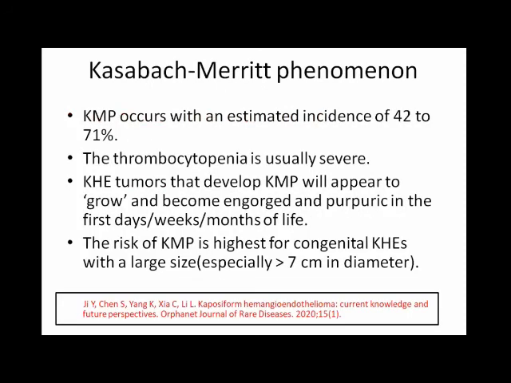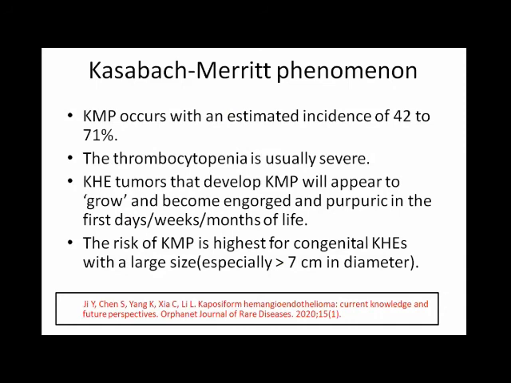So this patient, I think, presented with the Kasabach-Merritt phenomenon, because as the article from the Orphanet Journal of Rare Diseases, Cheng et al., describes, almost 42 to 71% of patients demonstrate the Kasabach-Merritt phenomenon. Thrombocytopenia is usually severe, and as we see in the child, the platelets are 22,000, and this tumor grows very rapidly.